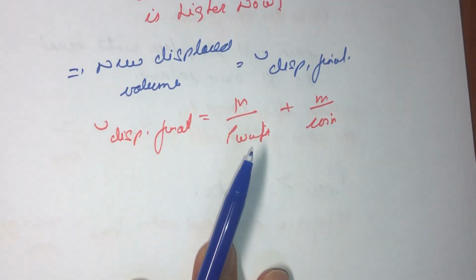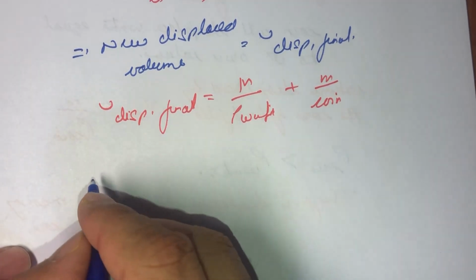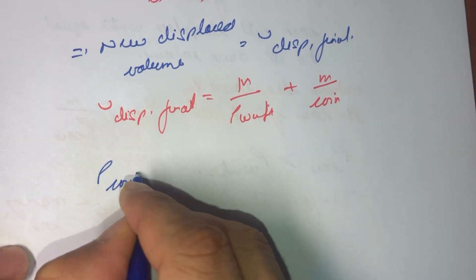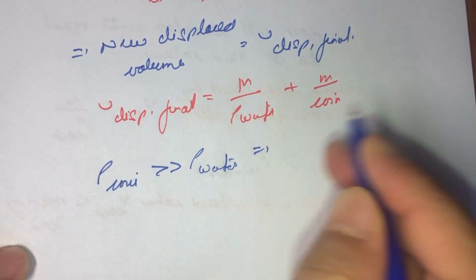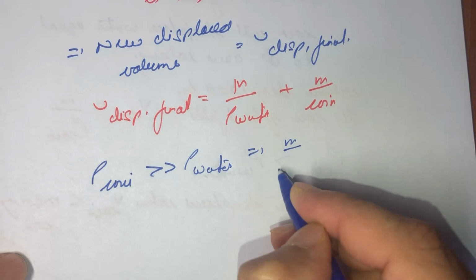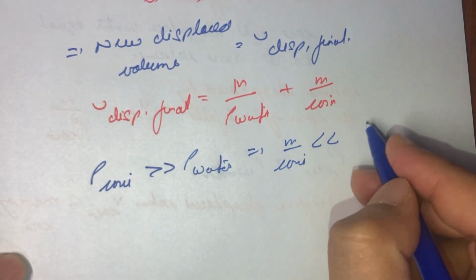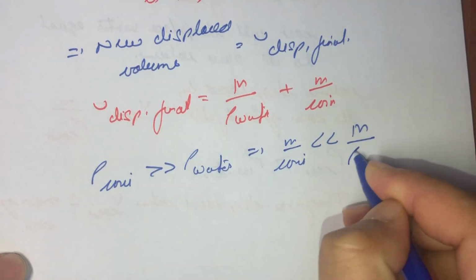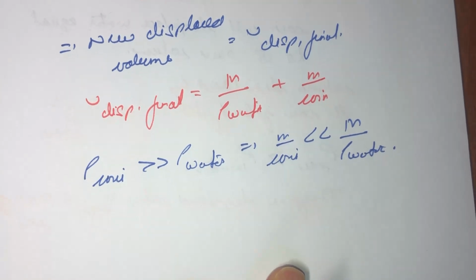And we already said that the density of the coin is much larger than the density of water. So from here we can say that the mass over density of coin will be much smaller as compared to the mass over density of water. So it means the overall displaced volume decreases slightly.